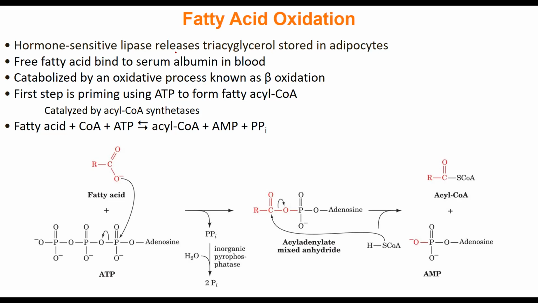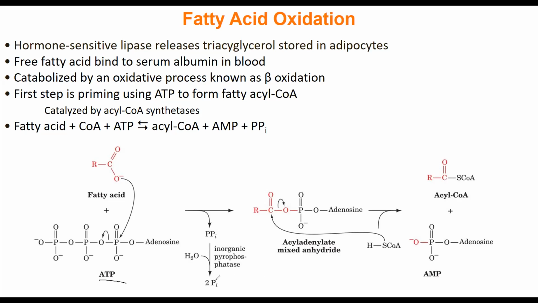Like I said, the breakdown of fatty acids we call beta oxidation, and we'll look at why that's called beta oxidation today. But the very first step in doing this is that we have to prime our fatty acid using ATP to form what's called fatty acyl coenzyme A. So even before breaking down any fatty acids, we have to burn an ATP.